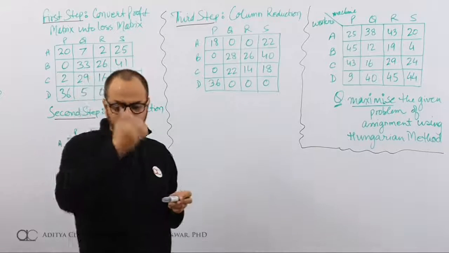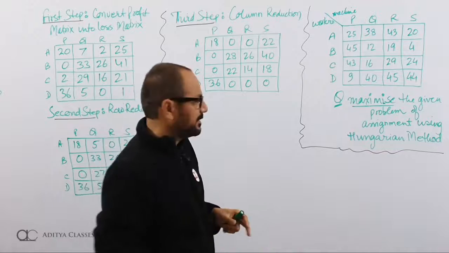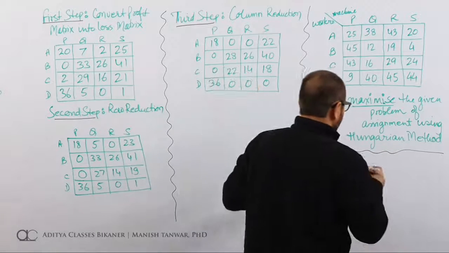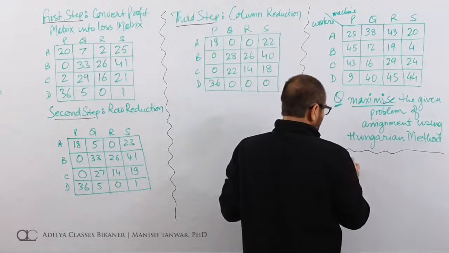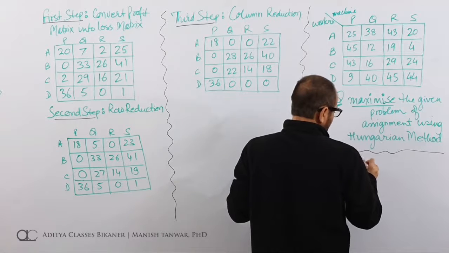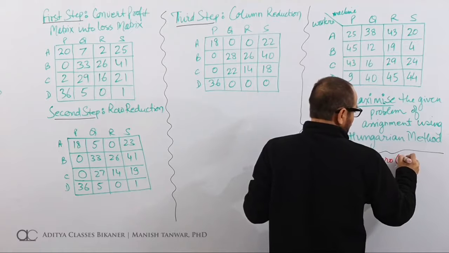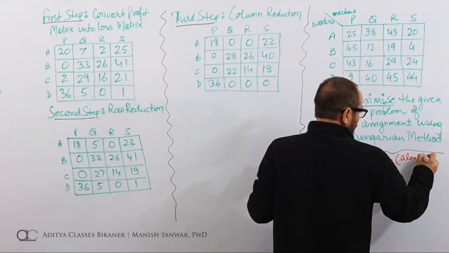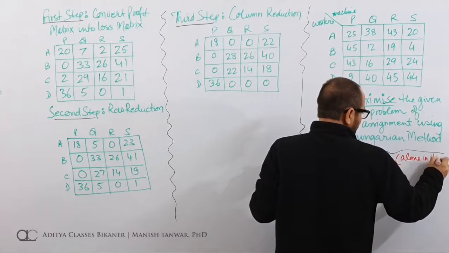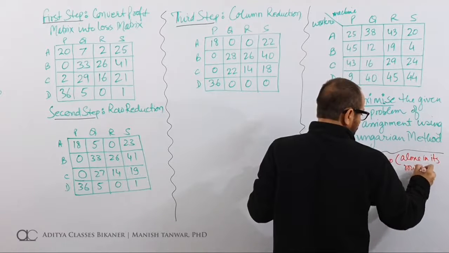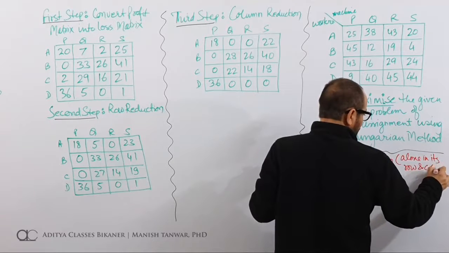What preferably should be the priority for assignments? If you remember from our previous videos, first priority should be unique 0. Unique 0 is alone in its row and column.